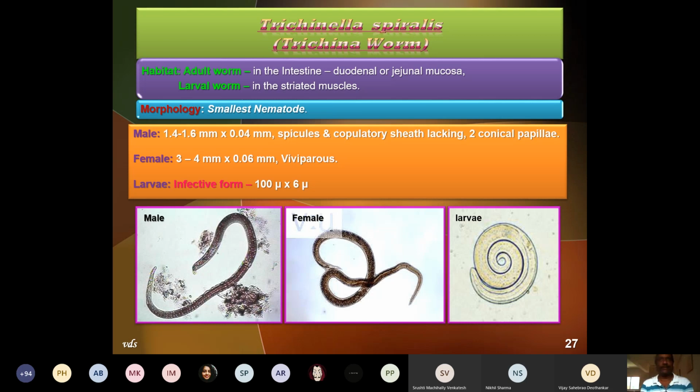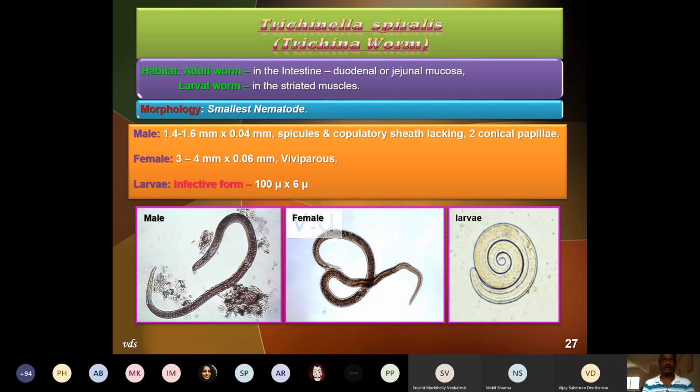In the muscles of the pigs, this larval form undergoes encystation and remains in a dormant form.